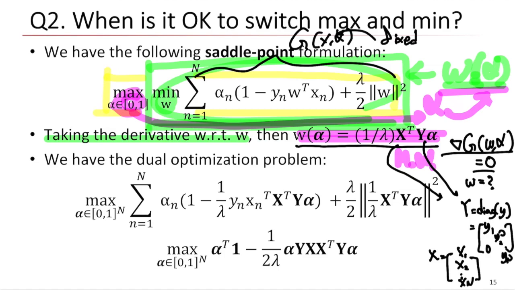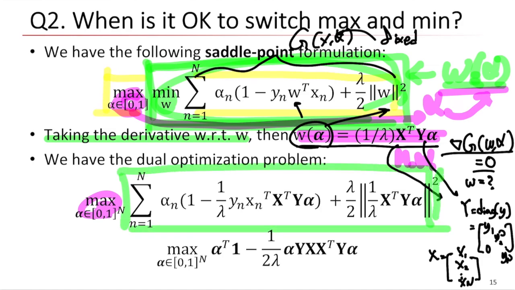Like this. So using this term, we can replace this w here and here, right? Then finally, we can get the new function here, something like this.